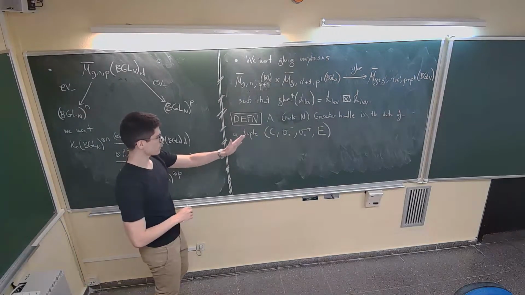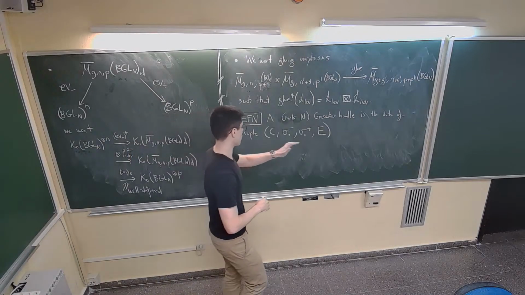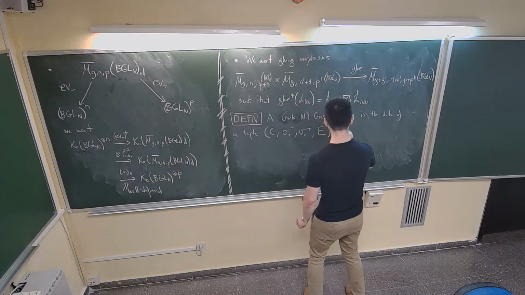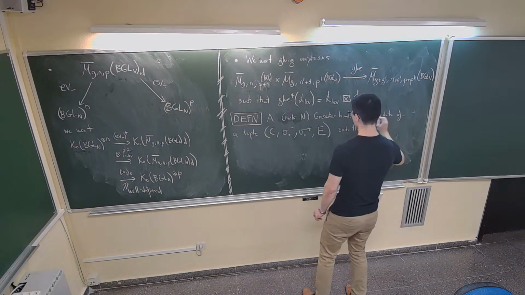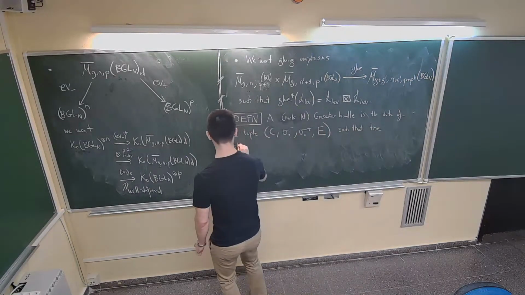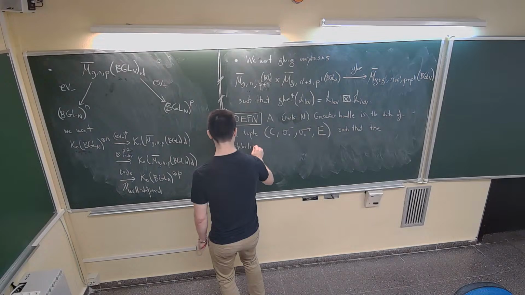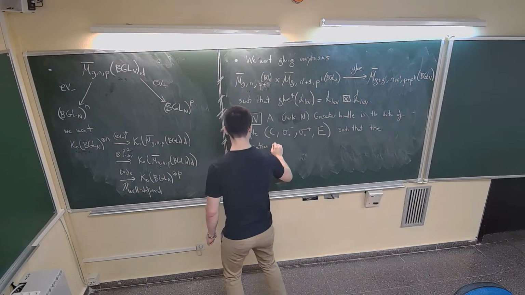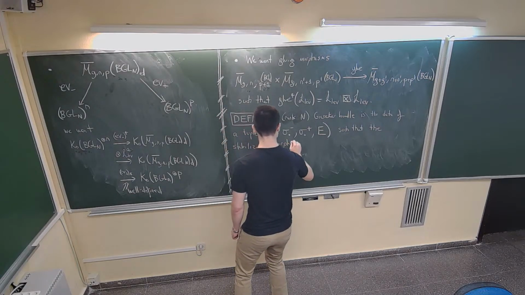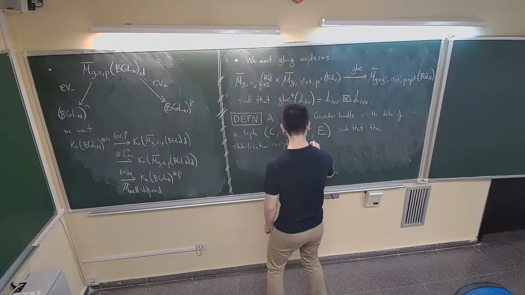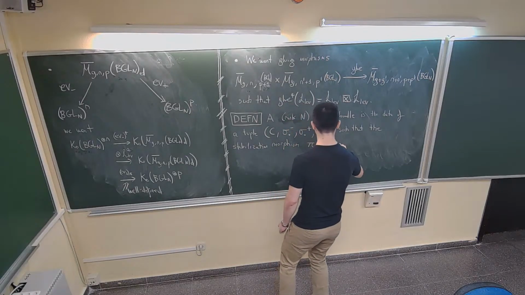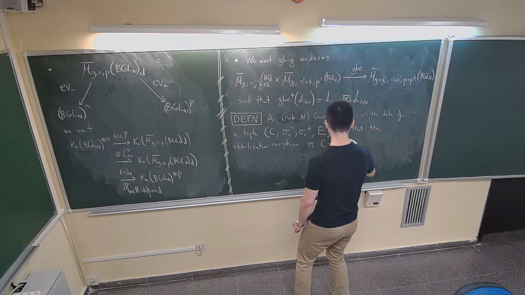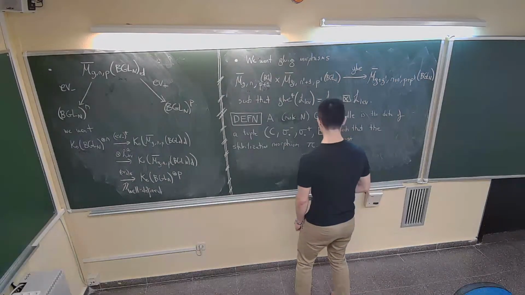Just a nodal curve with some markings and a rank-r vector bundle, such that the stabilization morphism, so we have a stabilization morphism from the curve to the corresponding marked pre-stable point.